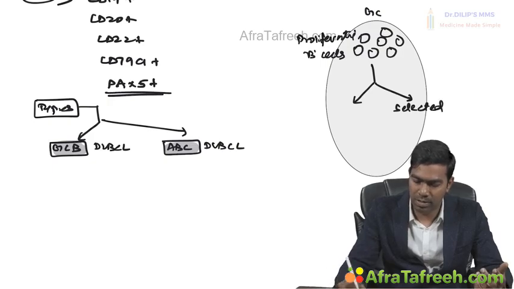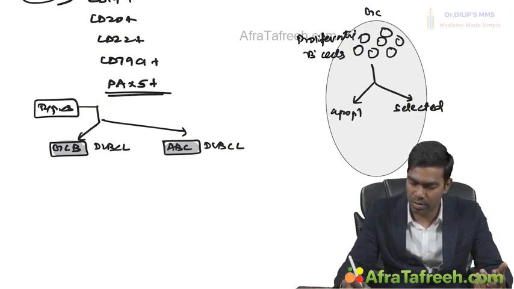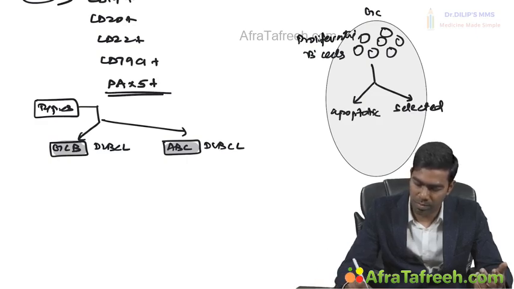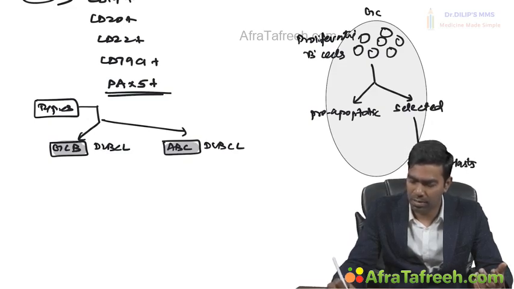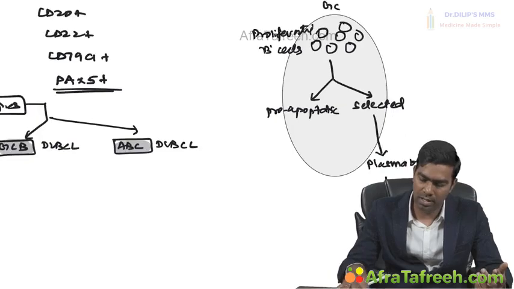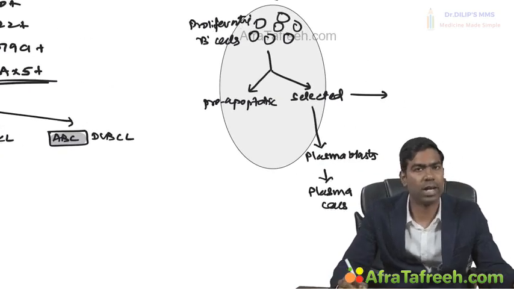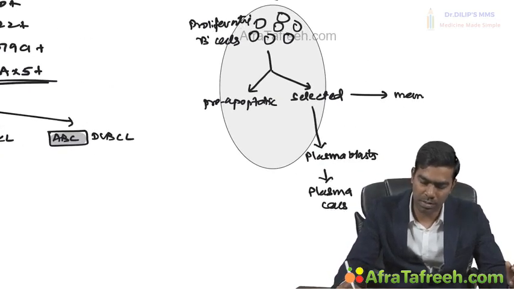These are selected B cells, and these are going to go for apoptosis. Certain B cells are pre-apoptotic B cells, and these selected B cells can become plasmablasts, which can become plasma cells, and these selected B cells also can go for formation of memory B cells.